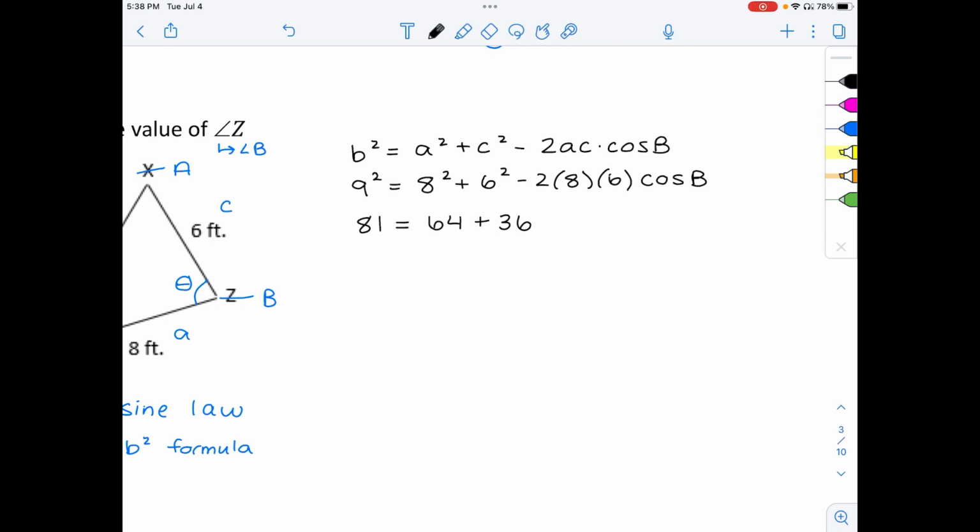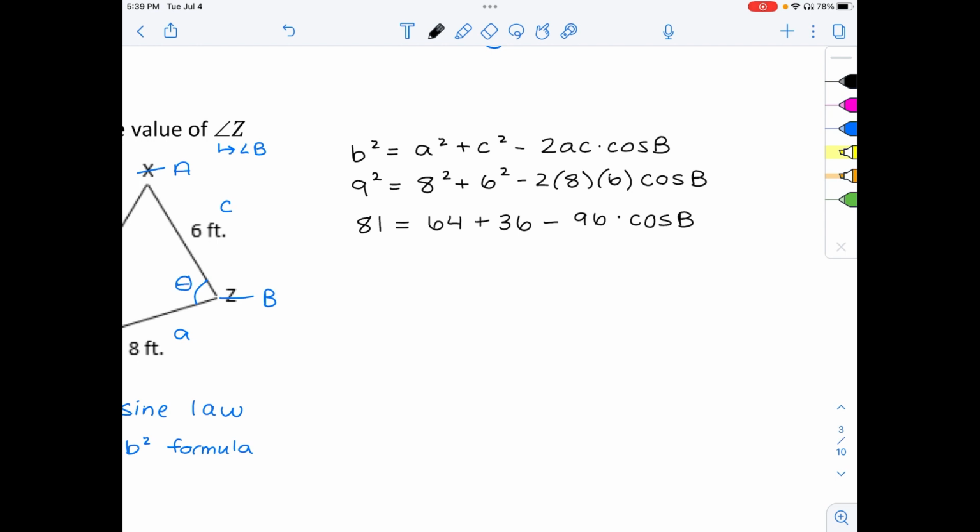Then I'm going to keep this as a subtraction sign. I don't type it as negative 2 times 8 times 6 when I'm calculating. I just do positive 2 times 8 times 6, which will give me 96, and that's multiplied by cosine of B. It just makes it easier to not confuse the signs here.